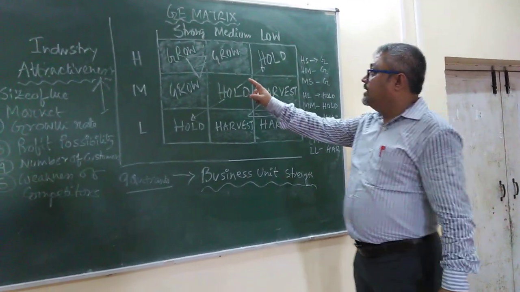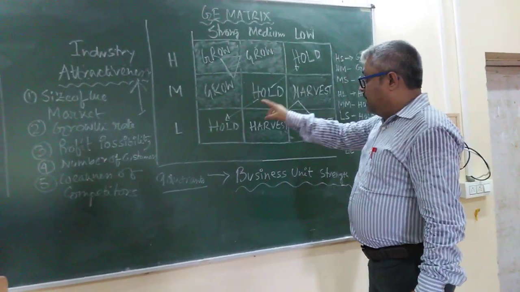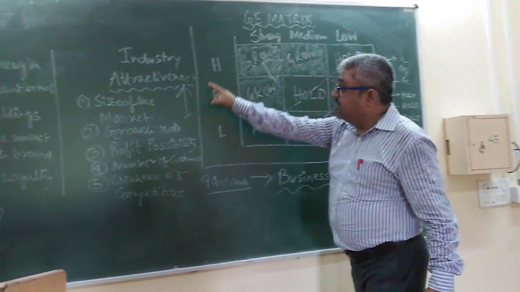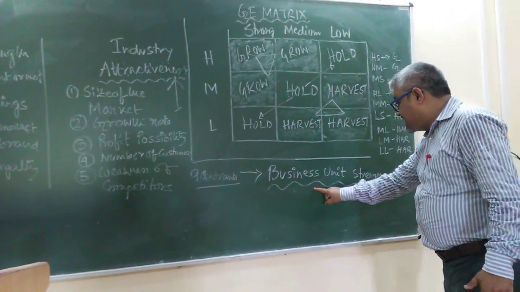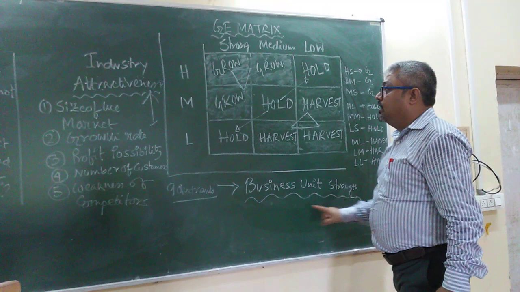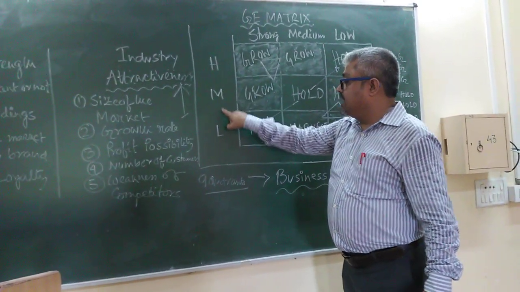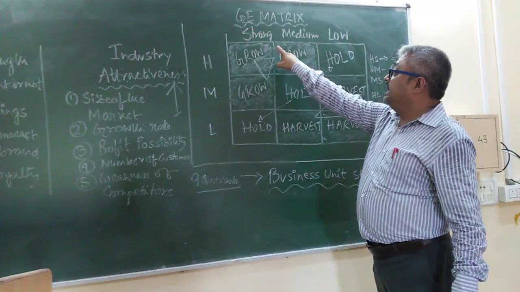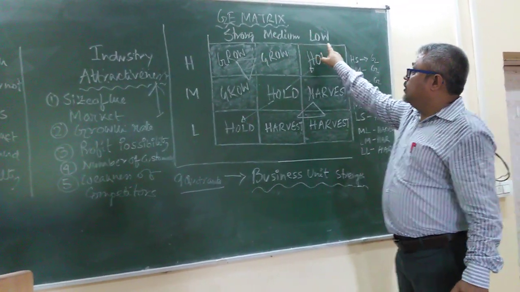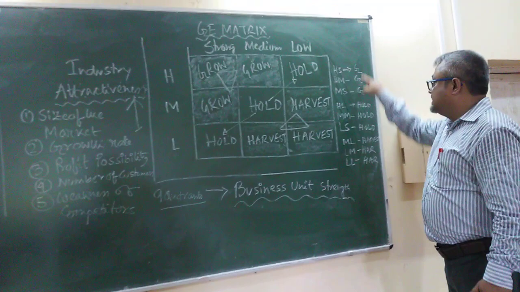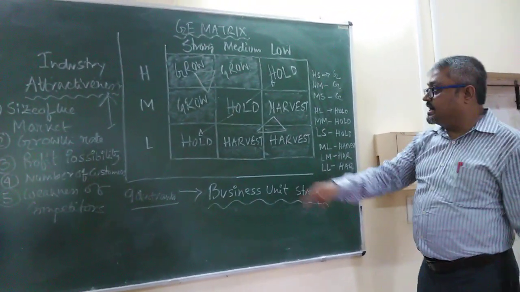Here you will find that the y-axis has industry attractiveness and the x-axis has business unit strength. What stands for each? H, M and L: high, medium and low. On the other hand, here you will find strong, medium and low. I have written these things for your convenience.